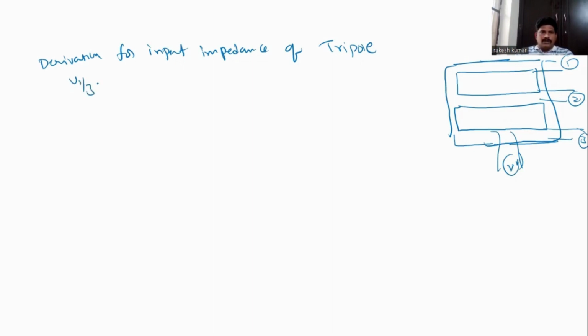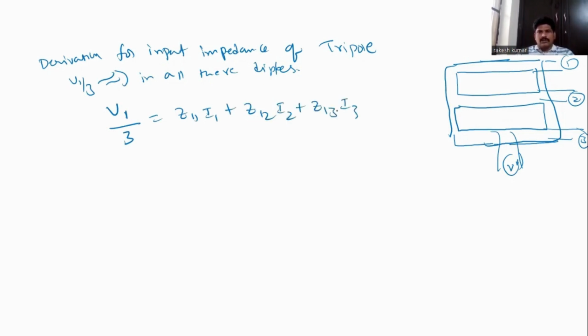V1 by 3 will get distributed equally in all three dipoles. So the expression is V1 by 3 is equal to Z11 I1 plus Z12 I2 plus Z13 I3. Here I1 is the current flowing in the first dipole, I2 in the second, and I3 in the third.